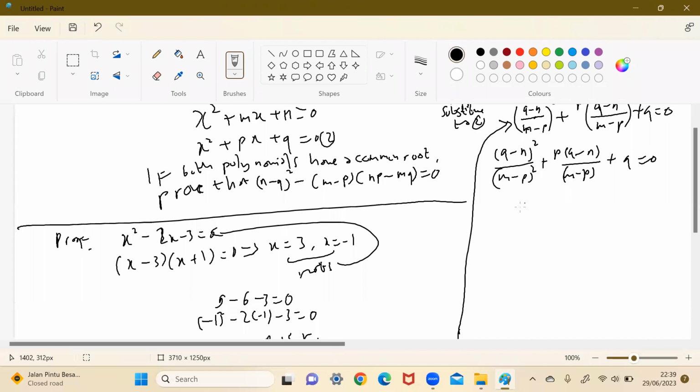Now this is just arithmetic of fractions, and it's quite easy to see from here how this will turn out.